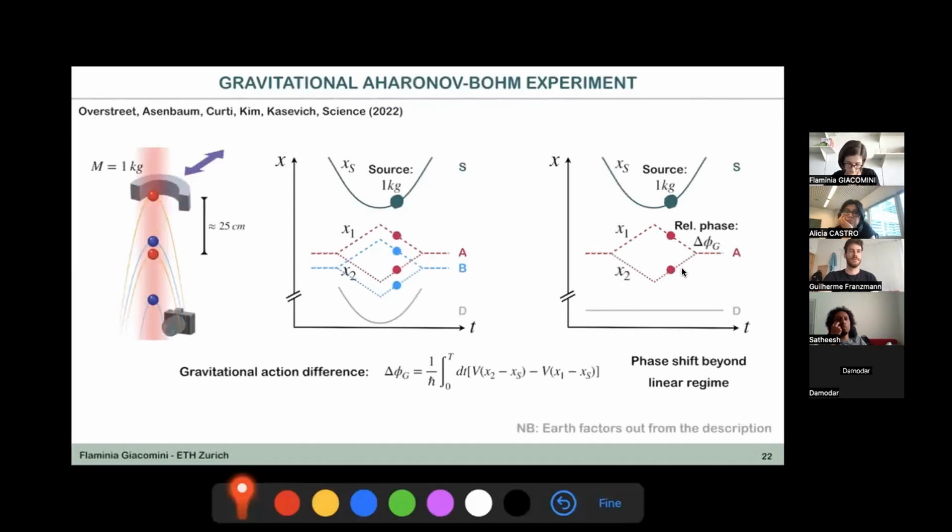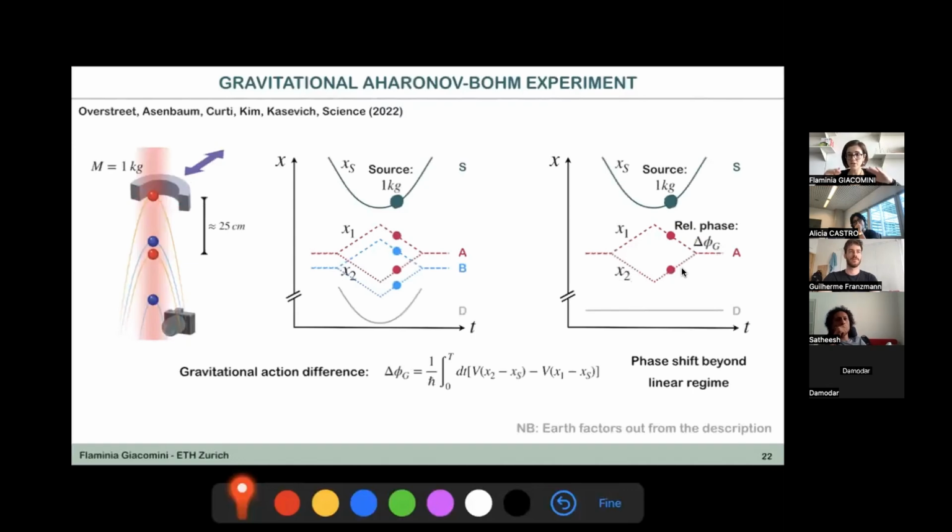So what they measured is the gravitational interaction between the tungsten and the atom that is sent up in the interferometer. Basically, this experiment is done in such a way that the gravitational field of the Earth factorizes out.